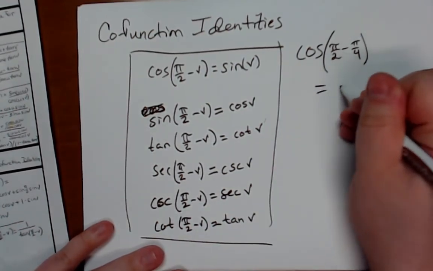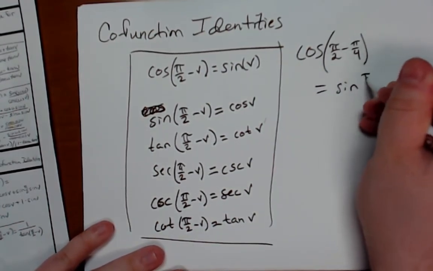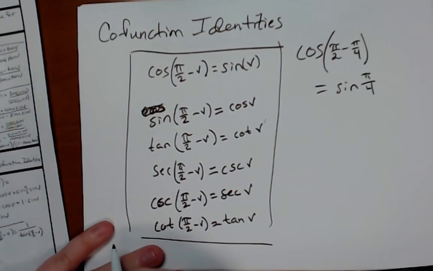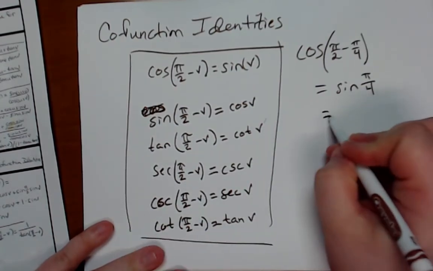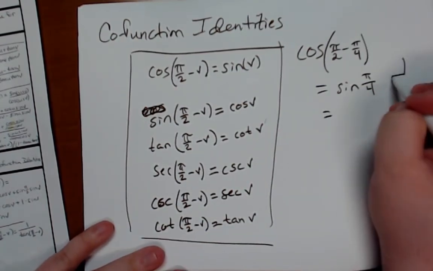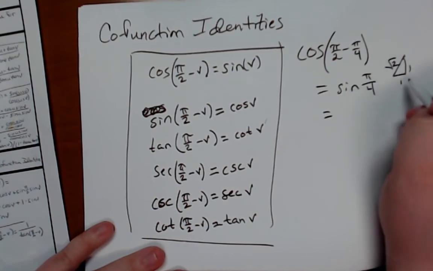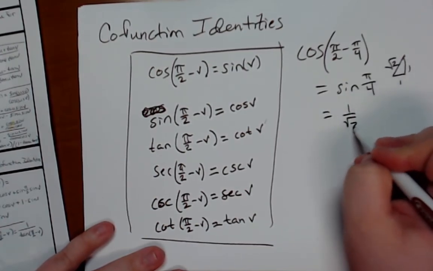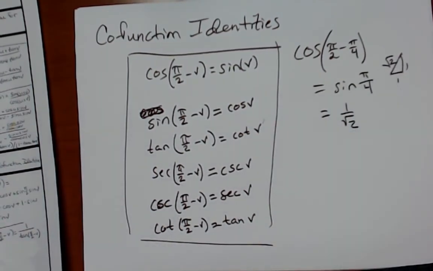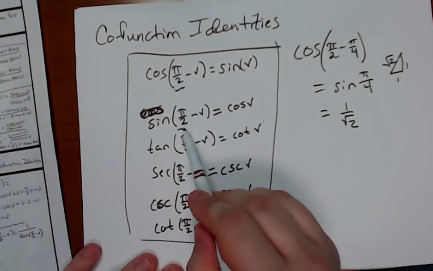I could just say that's sine of pi over 4, which in this case, opposite over hypotenuse, is 1 over root 2. This is particularly useful whenever we have angle additions involving pi over 2.